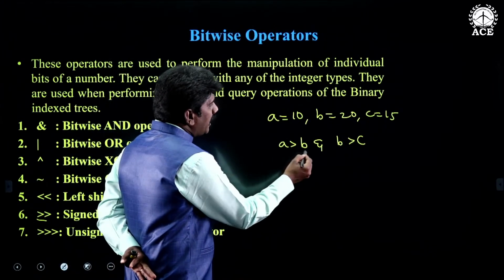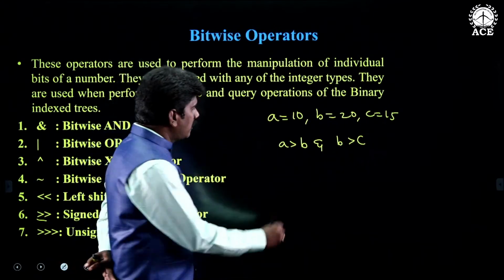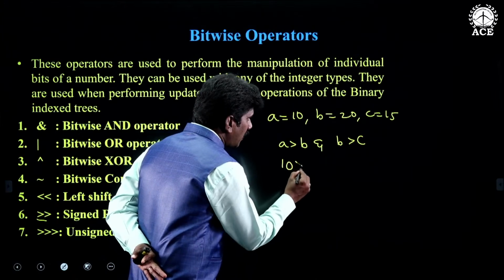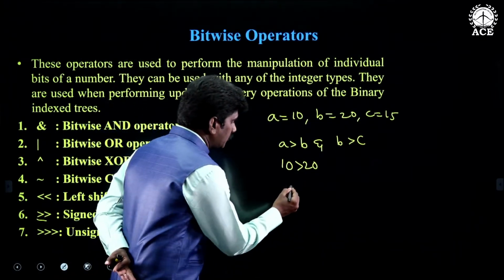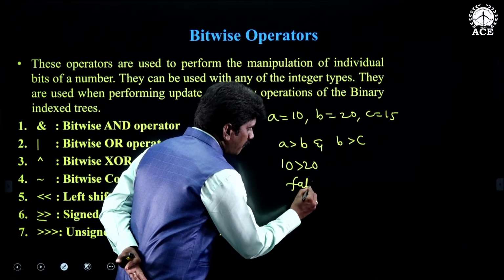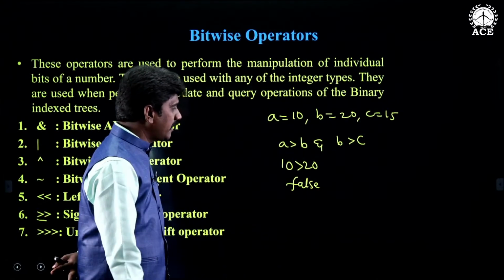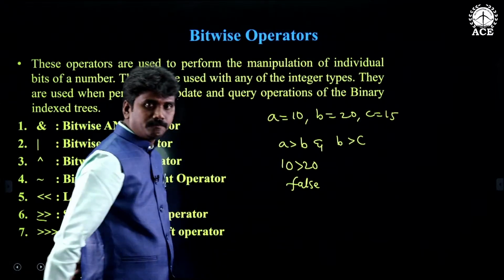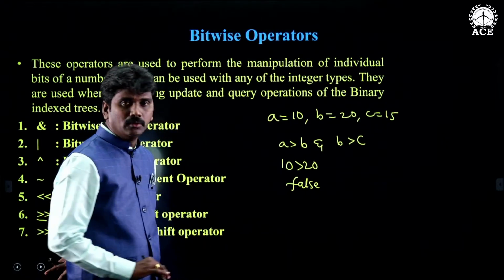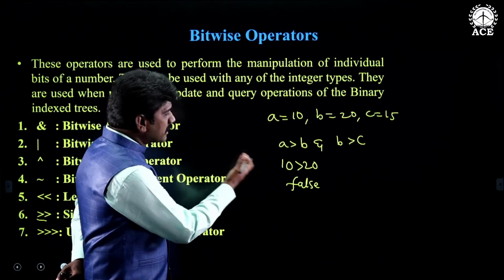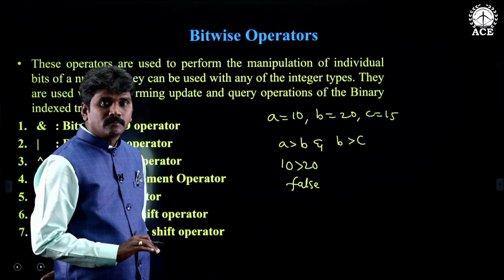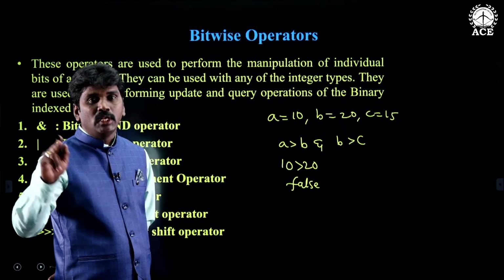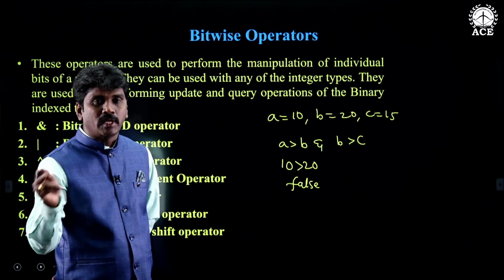So here, A greater than B means whether 10 is greater than 20; the condition is false. So here 10 greater than 20 is false. Even though we know the first one is false, and at the same time, if both are true, then only the result is true with respect to the AND statement.